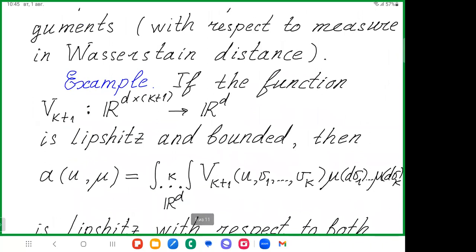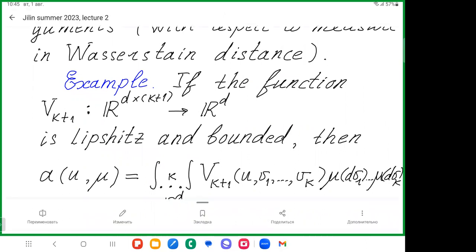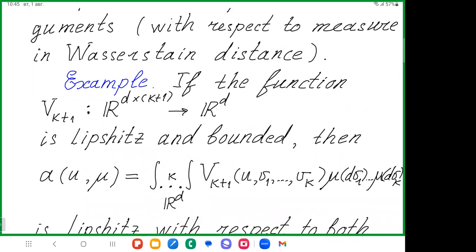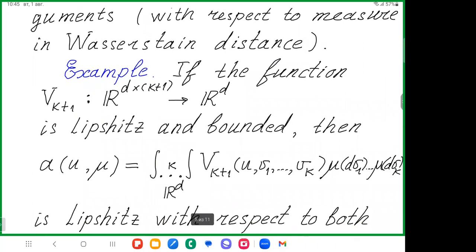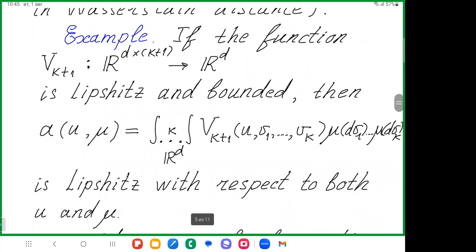If the function v_{k+1} from R^d to the power k+1 to R^d is Lipschitz and bounded, then a(u, mu), defined as a multiple integral with respect to measure mu, is Lipschitz with respect to u and mu, and with respect to mu in the Wasserstein distance of order 1.